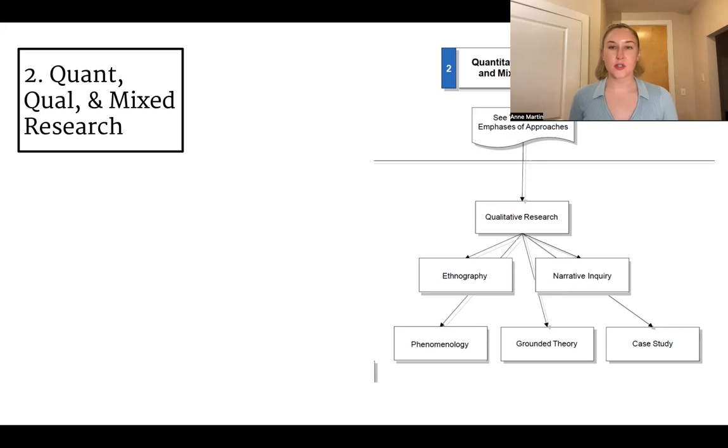Another approach is mixed research that uses some techniques from quantitative design and some techniques from qualitative design. An example might be a researcher studying a reading program. They are looking at how that program correlates to student achievement scores, maybe on the state standardized test.